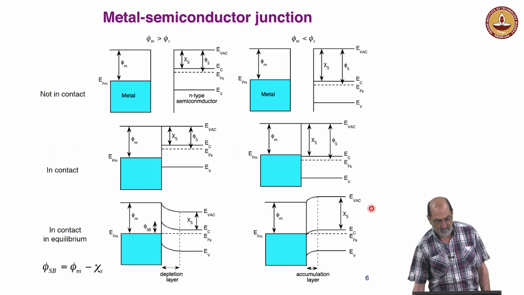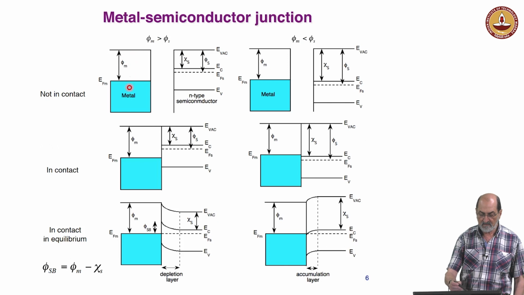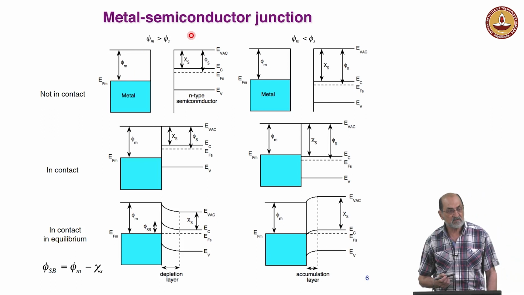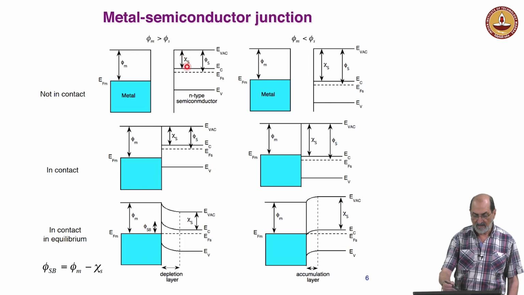In principle, we have a metal as we saw before. This is the work function of the metal, this is the Fermi level of the metal, and we have a semiconductor. For a semiconductor we define what is called the electron affinity, chi, the Greek letter chi.